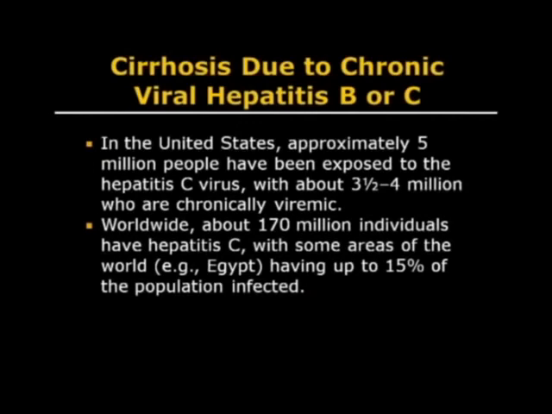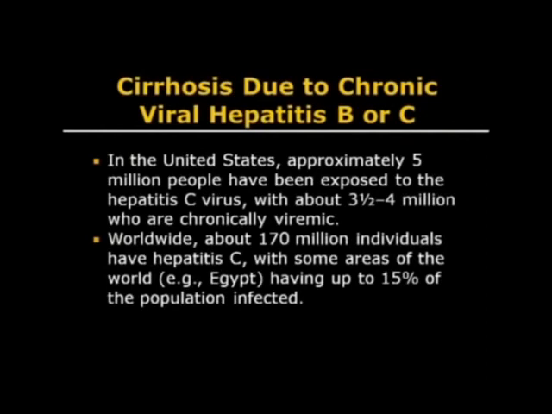And the true incidence of cirrhosis due to hep C alone is not known. Maybe it's due to alcohol, maybe it's due to hep C. In the United States, approximately 5 million people have been exposed to the hep C virus, with about 3.5 to 4 million who are chronically viremic. That means if you test the serum, it's positive.